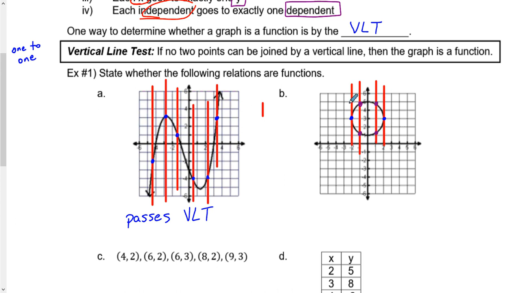If I have joined my graph by 2 points or even more, then this fails. So if it passes a vertical line test, it is a function. If it fails a vertical line test, it is not a function.